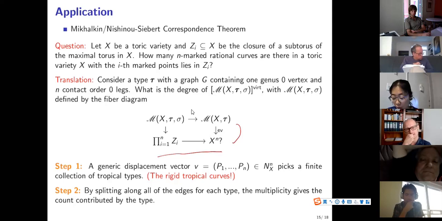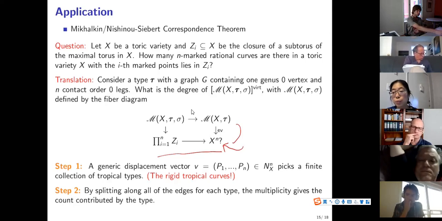If we pick a generic displacement vector on the toric space of X to the n, then by a dimension count we will obtain a finite collection of tropical types, and these are the tropical curves that the Nishinou-Siebert paper mentioned.